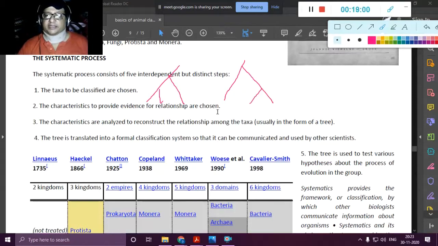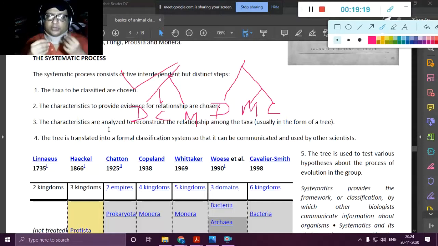Say for example, man and cat are similar and dog is different. This is another hypothesis. This is dog, cat and man. So these are two of many hypotheses. This is more similar because dogs and cats have more similar characteristics, so they are placed closer to each other. So this is the fifth step of the systematic process.